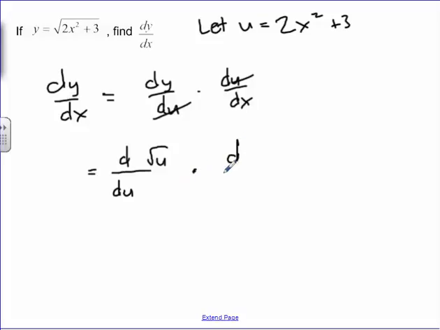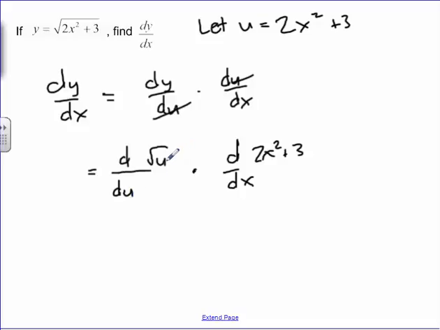Then the chain rule part says you have to take the derivative of u with respect to x. I could write du right here again, but that's what I wrote above. Why don't I replace this u right here with 2x squared plus 3? Now this makes a lot more sense, because now we're taking a derivative of something that has u as a variable, and this notation down here indicates that you are taking the derivative with respect to that variable.